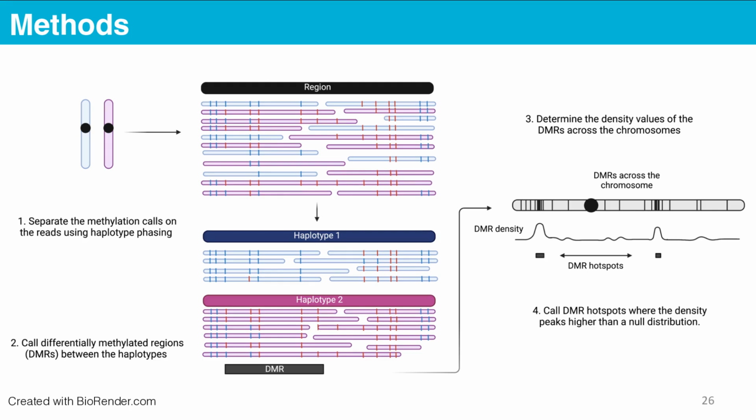And using these density values, you can find hotspots of DMRs that I call DMR hotspots. So these little blocks of frequently occurring DMRs. I call DMR hotspots where density peaks are higher than a null distribution of those DMRs across the chromosome.